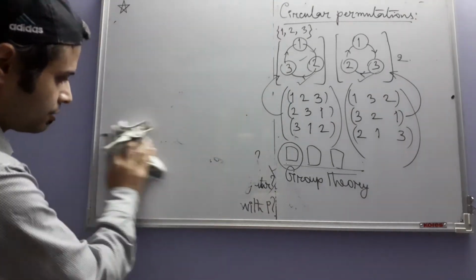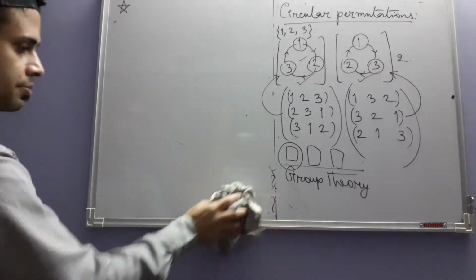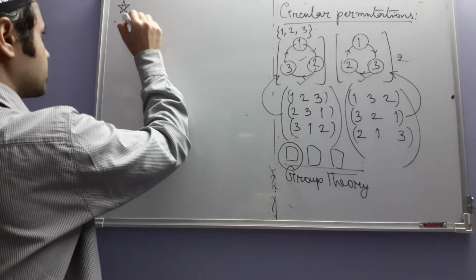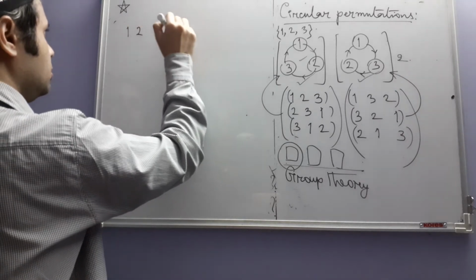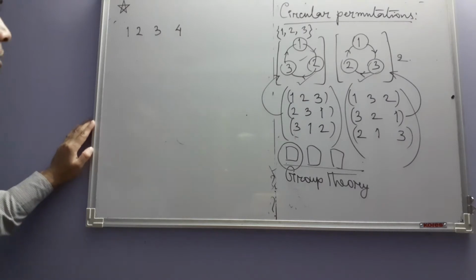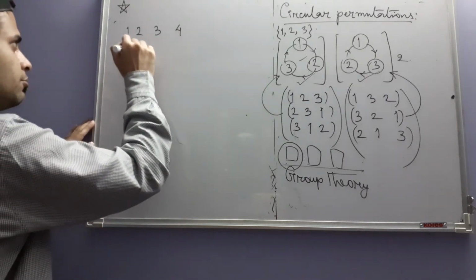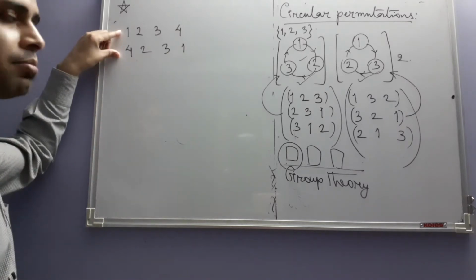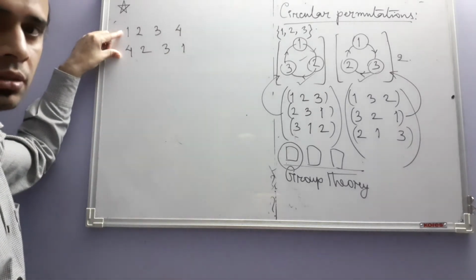What I am trying to say here is this. Suppose I have 4 objects, 1, 2, 3, 4. And I write 4, 2, 3, 1. These 2 permutations are of course different.